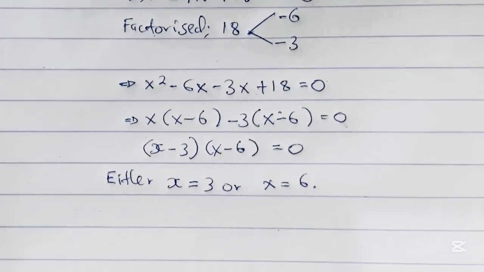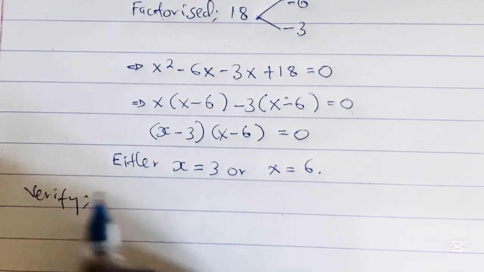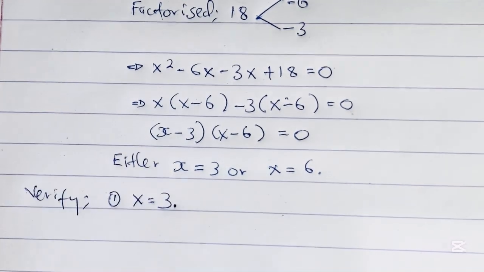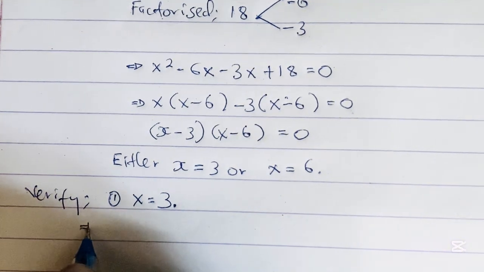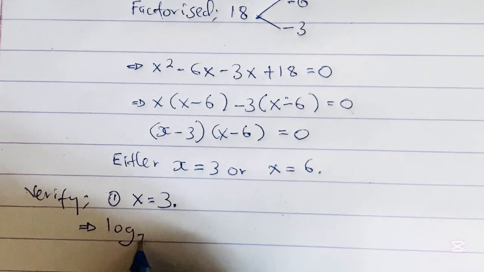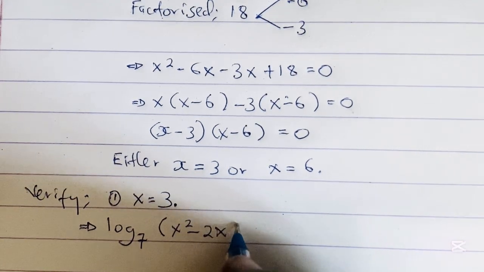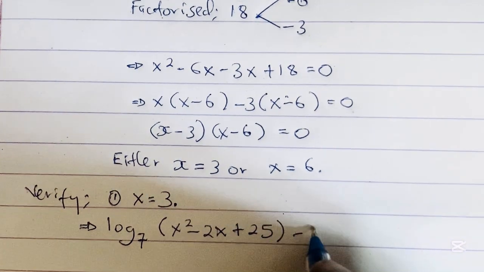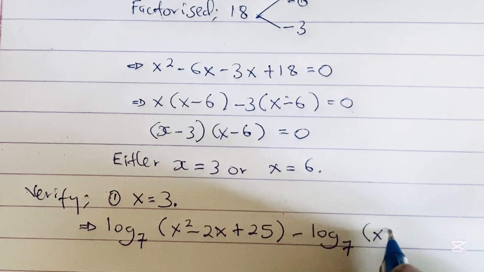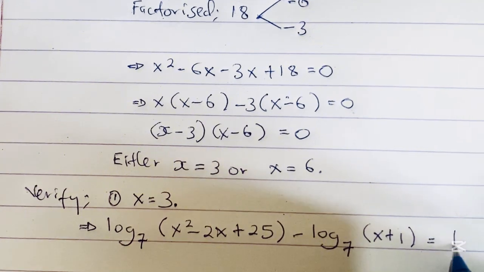The next step, we are going to verify our values of x. So first one is x is equal to 3. From the question we had log 7 of (x squared minus 2x plus 25) minus log 7 of (x plus 1) should be equal to 1.